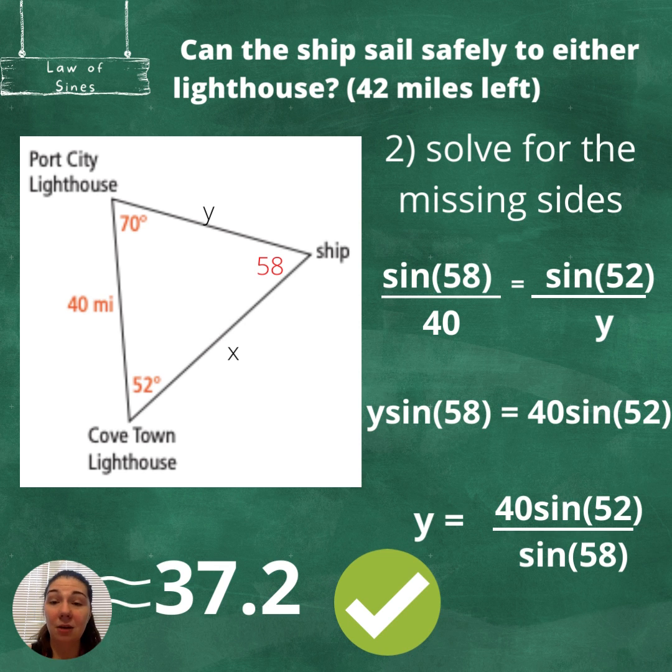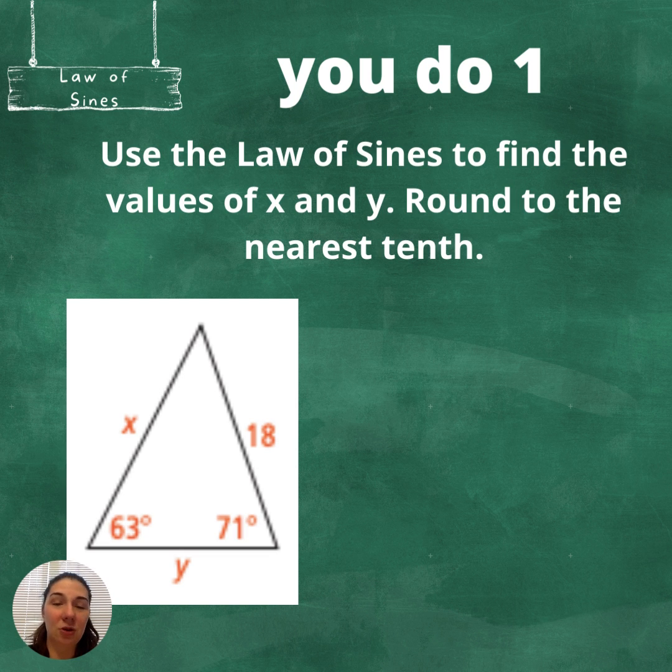Okay, so now comes the point in this video where I give you practice problems. Here's the first one. I'd like you to use the law of sines, which is what we've been doing, to find the values of x and y, and round your answer to the nearest tenth, again, that's 1 decimal.